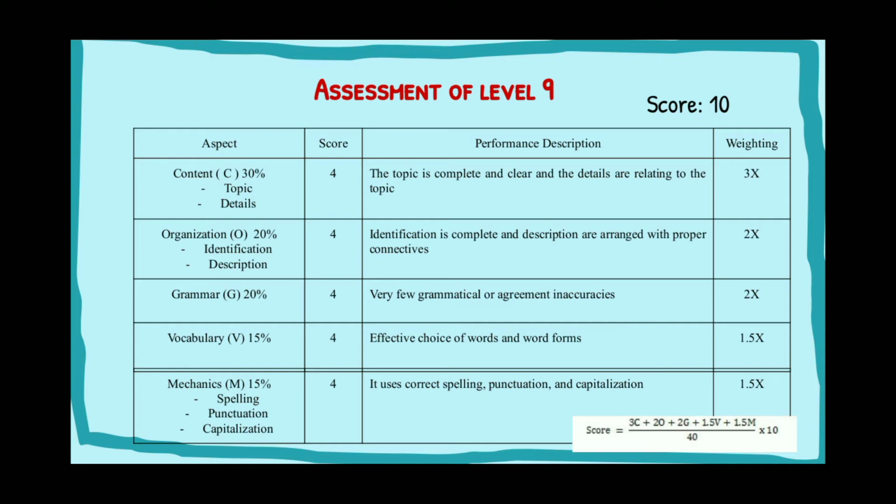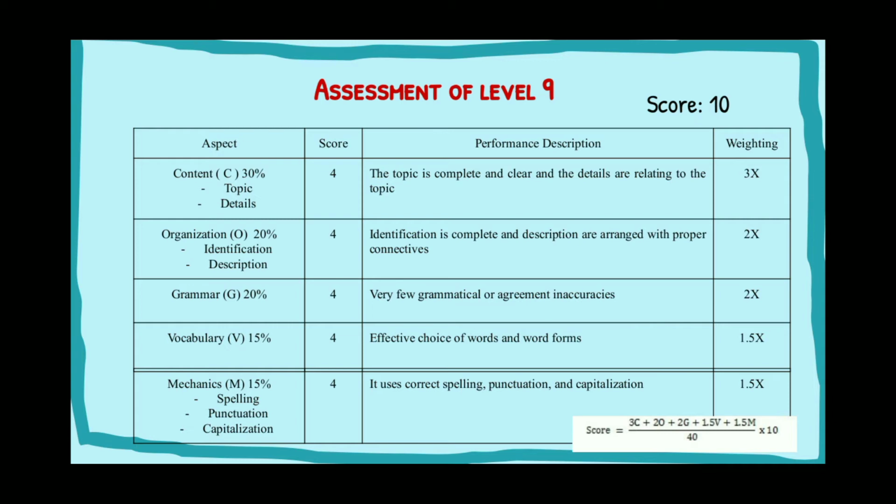And for the weighting, it's 3. Then the organization, I also give 4 because the identification is complete and descriptions are arranged with proper connectives. For the weighting, 2. And then for the grammar, I also give 4 because very few grammatical or agreement inaccuracies.